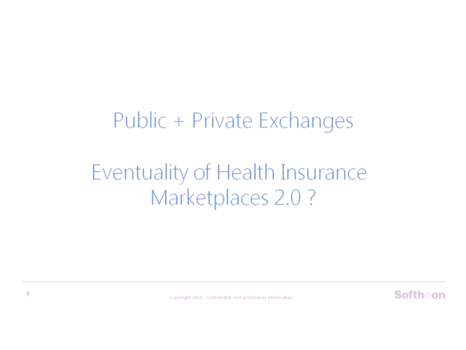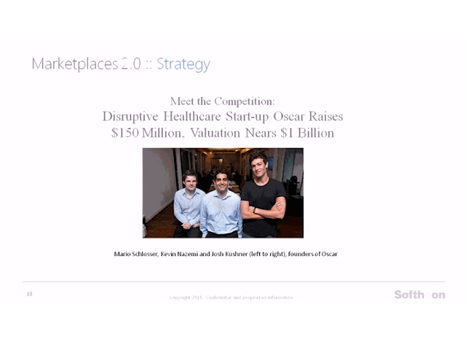So let's talk about what that is. I'd like to talk about the eventuality of health insurance exchanges or marketplaces. This is a term I took from one of our Gartner analysts, as we have done another presentation. So the world is moving, and it's moving at an extremely faster pace than it did yesterday.